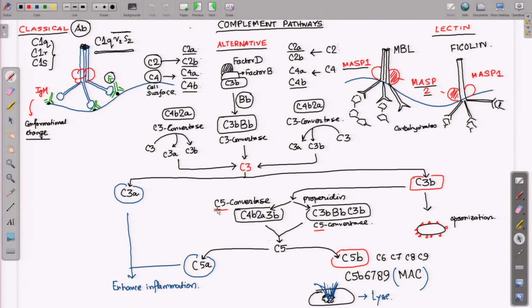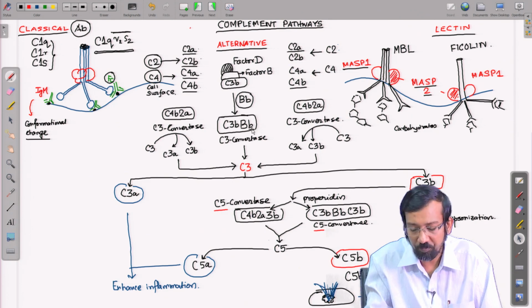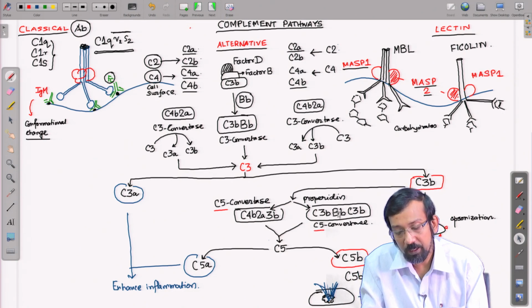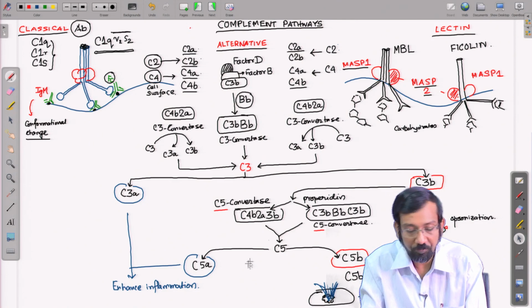Similarly, this C3b in association with another protein called properdin can also associate with the C3 convertase derived from the alternative pathway, which is C3bBb, and finally forms another C5 convertase, C3bBb3b. So, this contains three different cleavage products which together form a bigger complex.